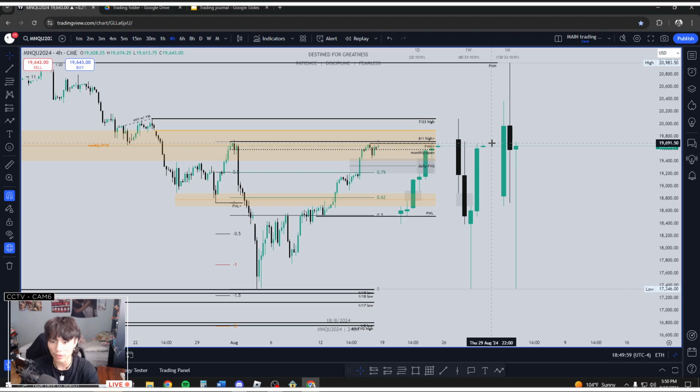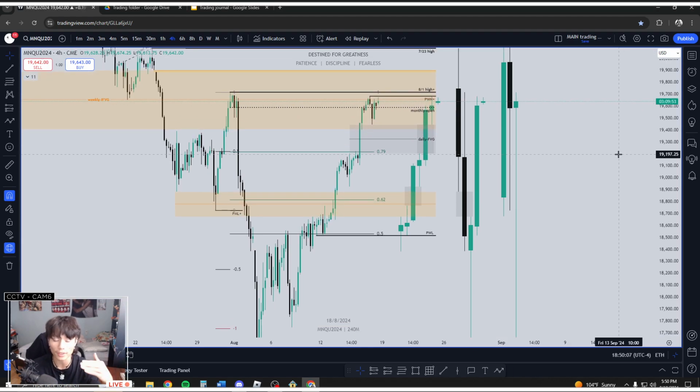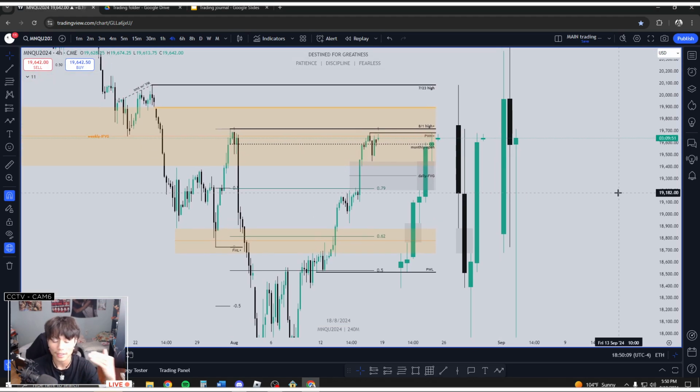And once we take out previous week's high, I would consider trading intraday models as well, just like on the dollar. Once the weekly objective has been taken, then I would trade session liquidity, maybe even daily liquidity once another daily candle gets closed. But yeah, so previous week's high is the objective for this week.